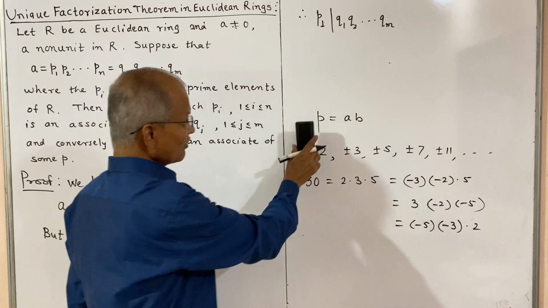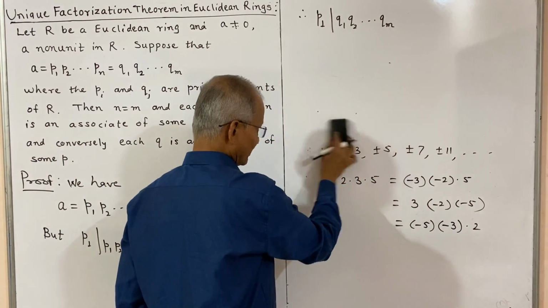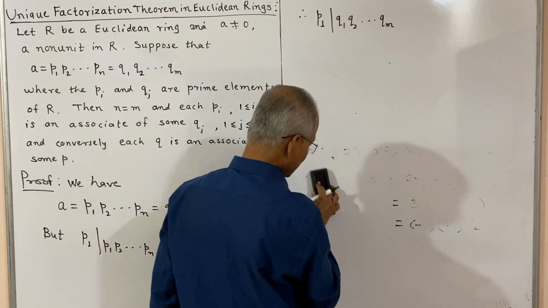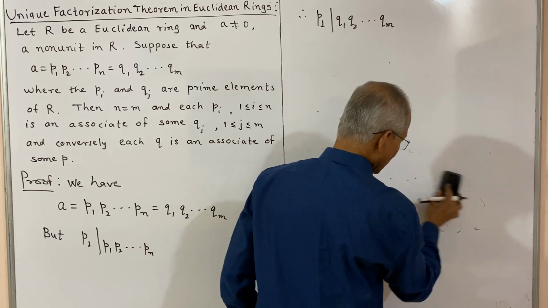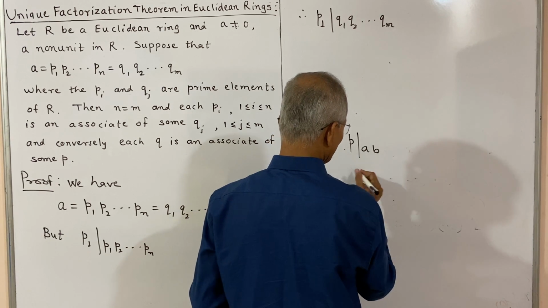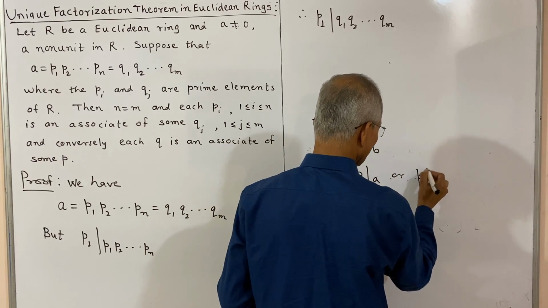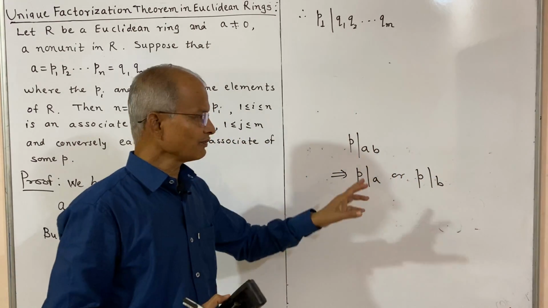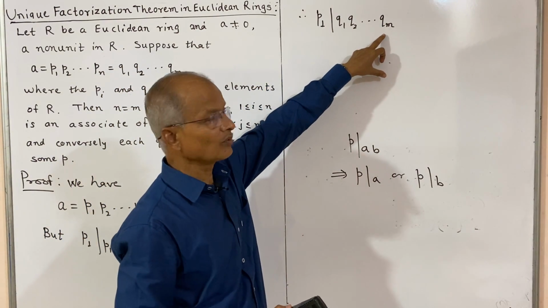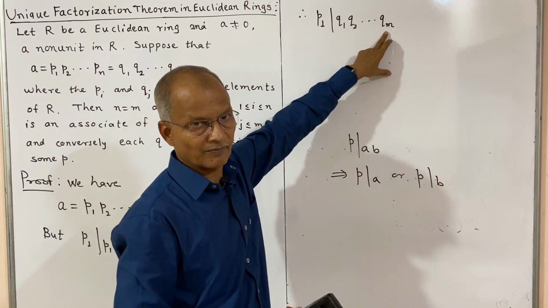And we have proved earlier a theorem: if P is prime and P divides a product of two or more elements, that is, if P is prime and P divides AB, then P divides A or P divides B. It must divide at least one of them. Generalized, if P1 divides Q1, Q2 up to Qm, then P1 must divide one of the Qi.